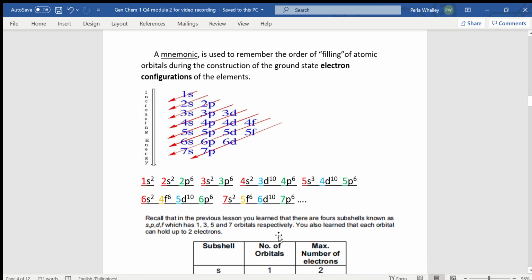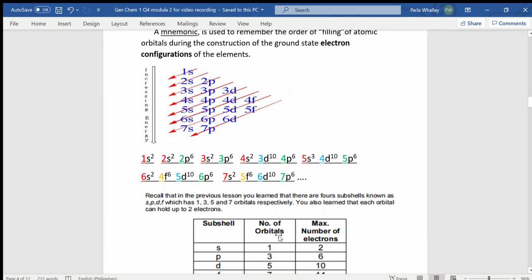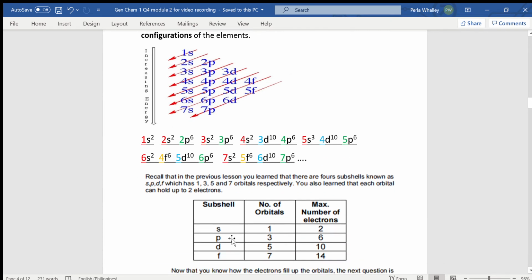And then we know, class, that the subshells, which are s, p, d, and f, have numbers of orbitals 1, 3, 5, 7 respectively. And remember that the maximum number of electrons that one orbital can hold is 2. So we will just multiply each of these by 2.